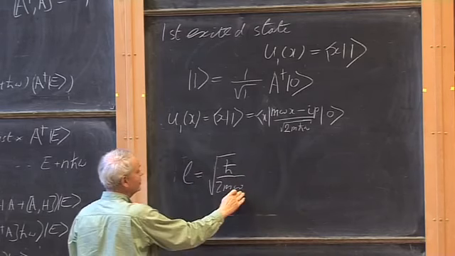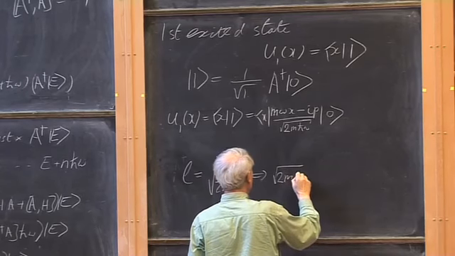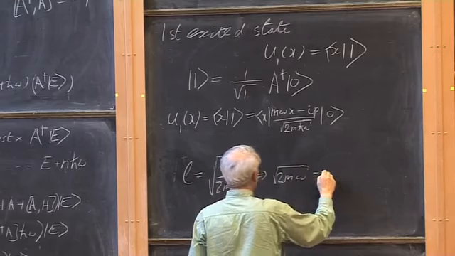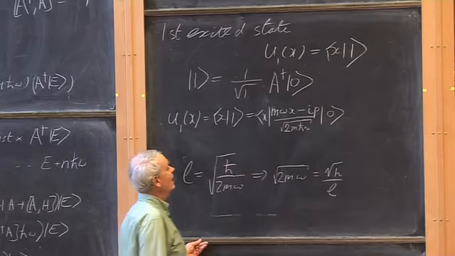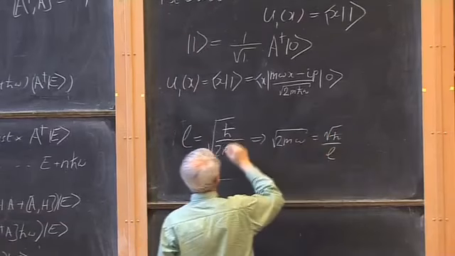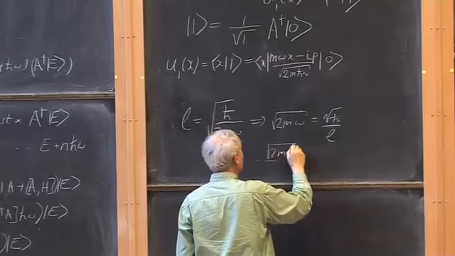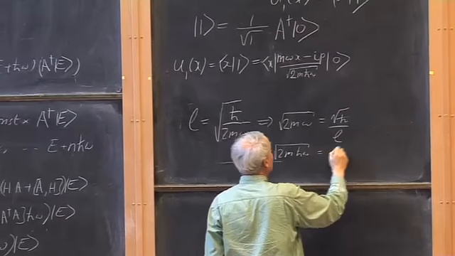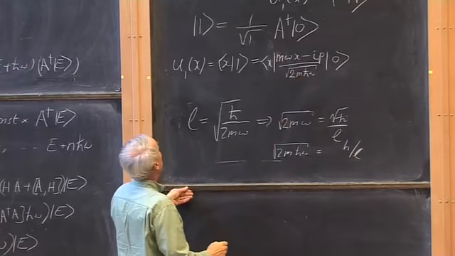Multiplying through, the square root of 2m omega is equal to the square root of h bar over L. If I multiply through by h bar, I find that the square root of 2m h bar omega is in fact equal to h bar over L. So this factor here is equal to h bar over L.